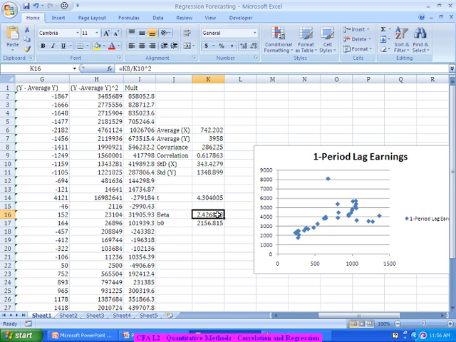To find b naught, again y average minus b1, which is the beta, times x average. Now I have the equation, y equals 2156 plus 2.42 times x. Now the next part is, is 2.42 significant?